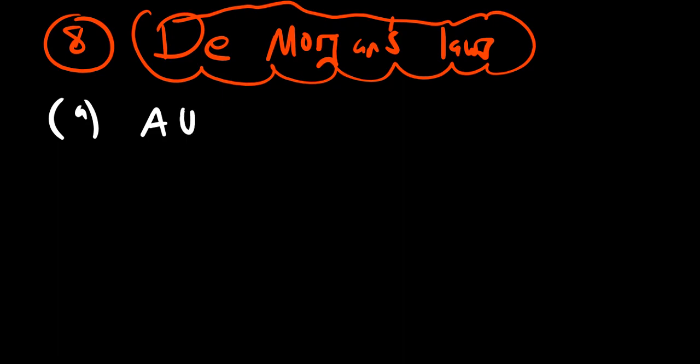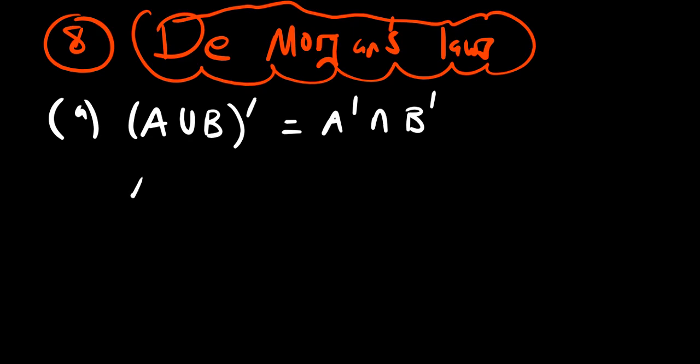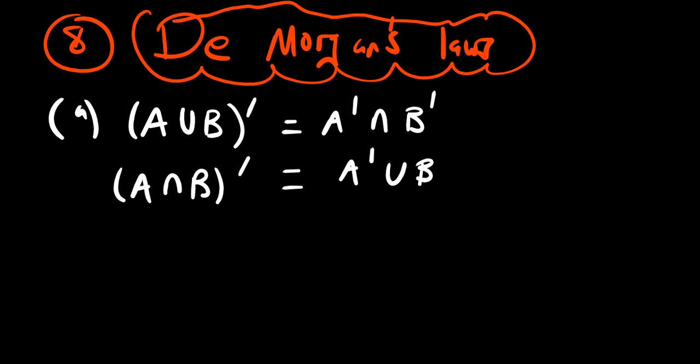So if we say A union B complement, it is just the same as A complement intersection B complement. Or if I say A intersection B, with a complement outside, it's just the same as A complement union B complement.